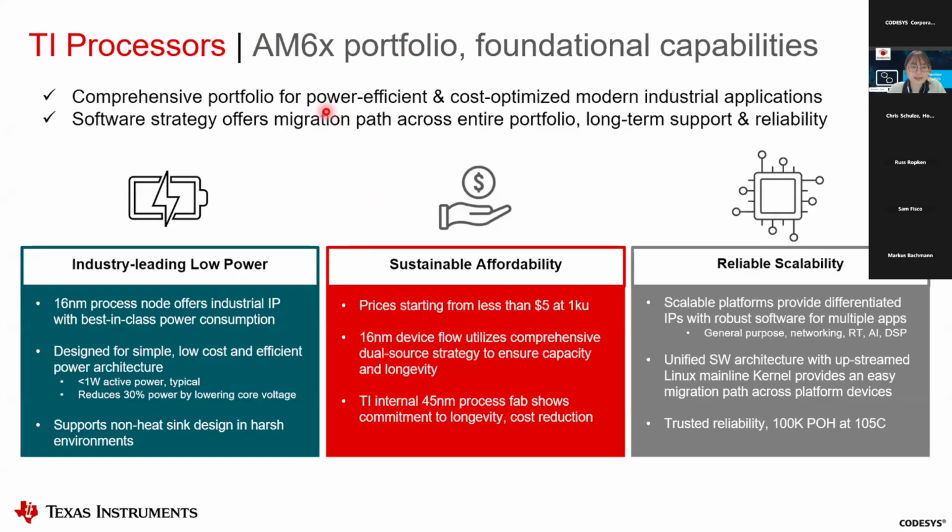The AM6 family of processing chips is especially designed for industrial application use cases, and currently it uses a 16 nanometer process node technology to offer the best-in-class power consumption, as well as ensuring capacity and longevity over the long term. And we also have a unified software architecture built specifically for AM6 family processors.